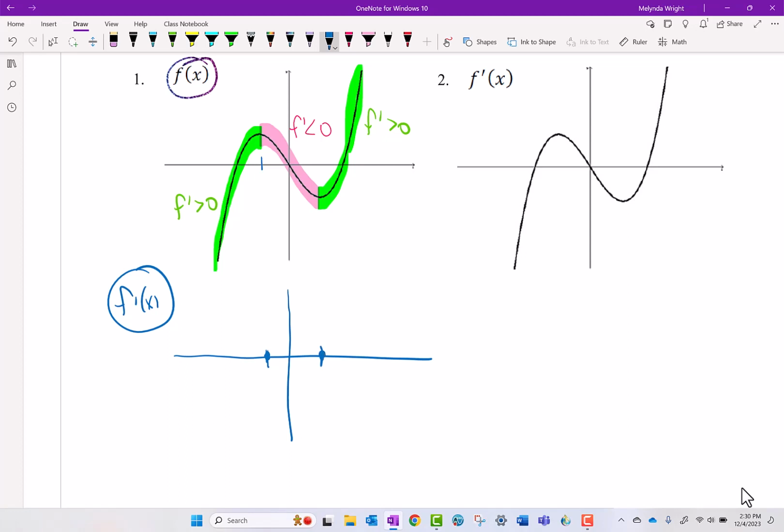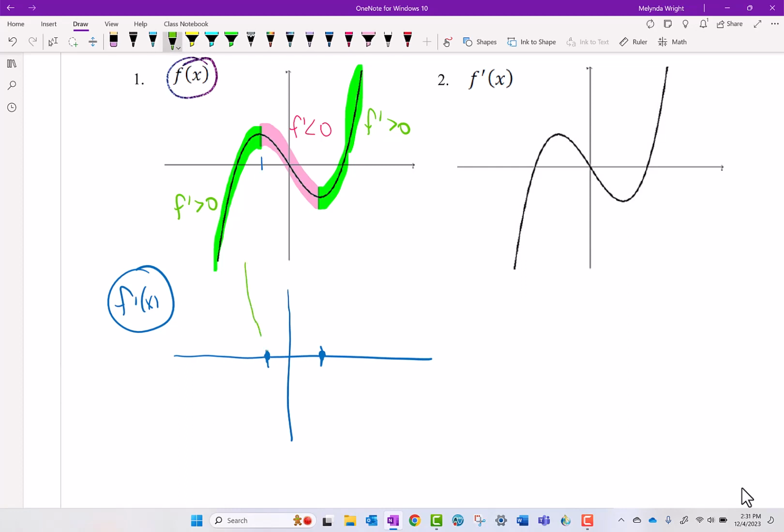Okay, doing good. So if the first derivative is positive, that means that f is increasing. So what does it look like for the first derivative to be positive? Well, it just looks like positive y values. So it's something up here. I don't know exactly what it looks like. It could be curved.